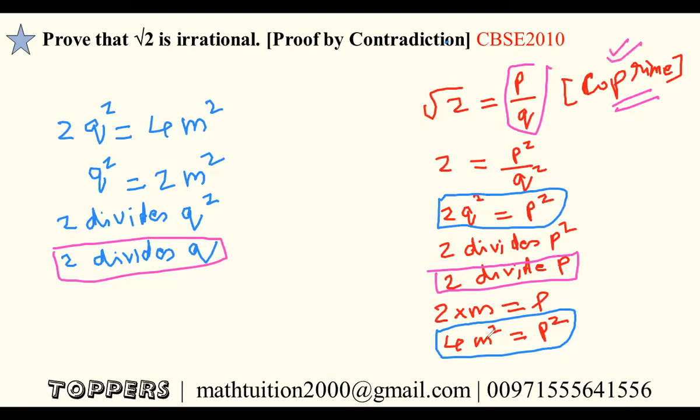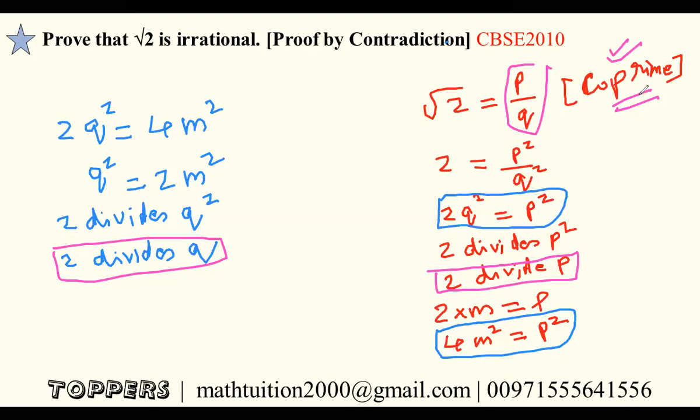Now we proved that. See, 2 divides p means 2 is a factor of p. 2 divides q means 2 is a factor of q. So other than 1, we have proved that there is a common factor for p and q, which is 2. So this is a contradiction to our assumption that p and q are co-primes.